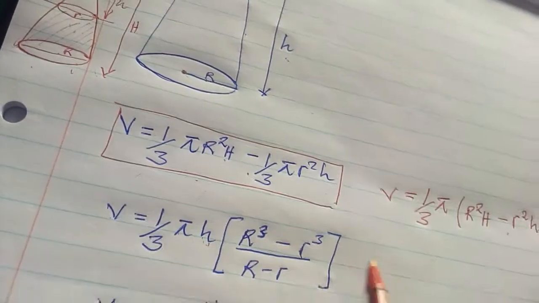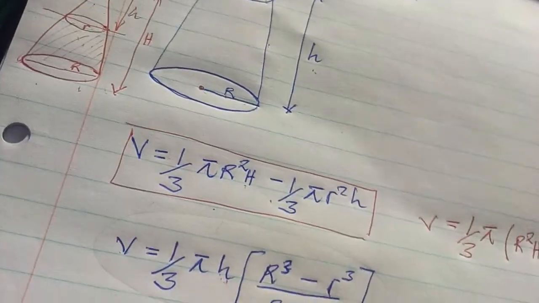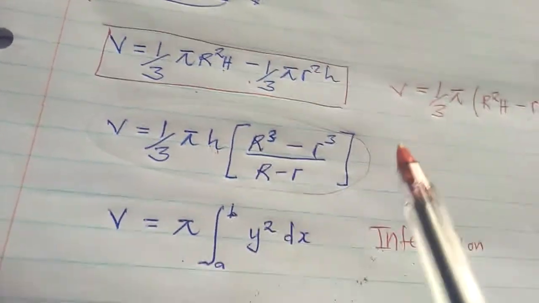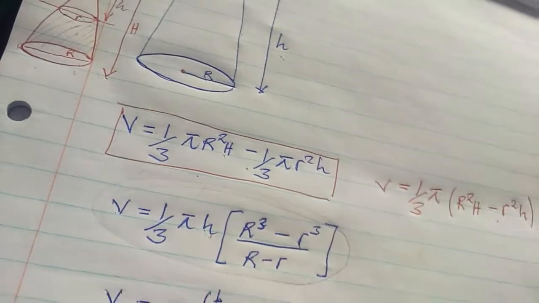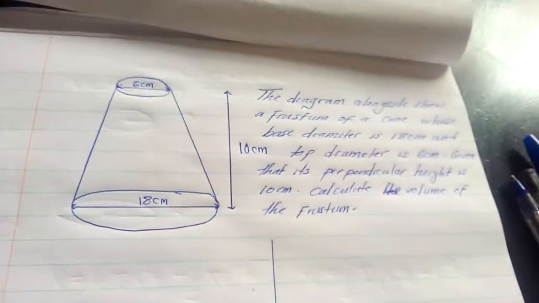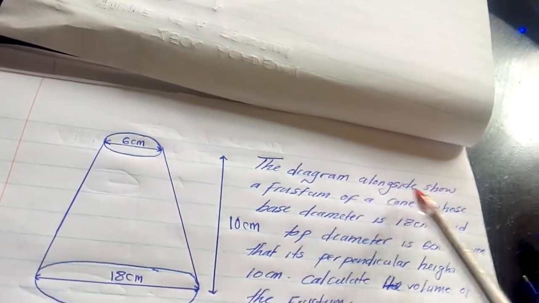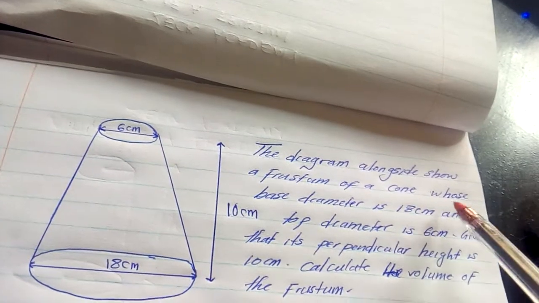Now, in today's video, we want to discuss how we can calculate the volume of a frustum using this method. So I have this simple question. The diagram alongside shows a frustum of a cone.